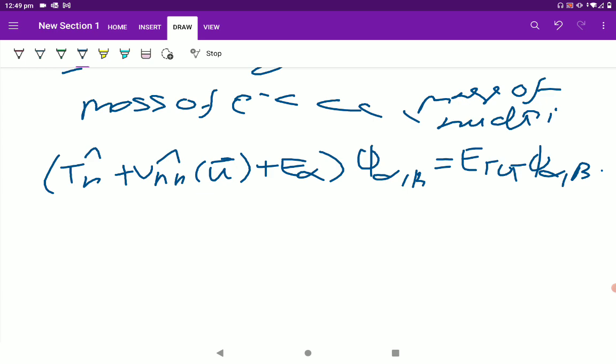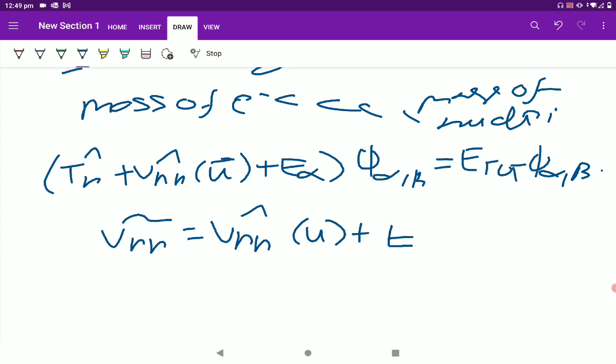So we see that the real interaction between the ions plus the electronic energy is like an effective interaction potential. That is, the effective potential is given by the real interaction between the ions plus the electronic energy.